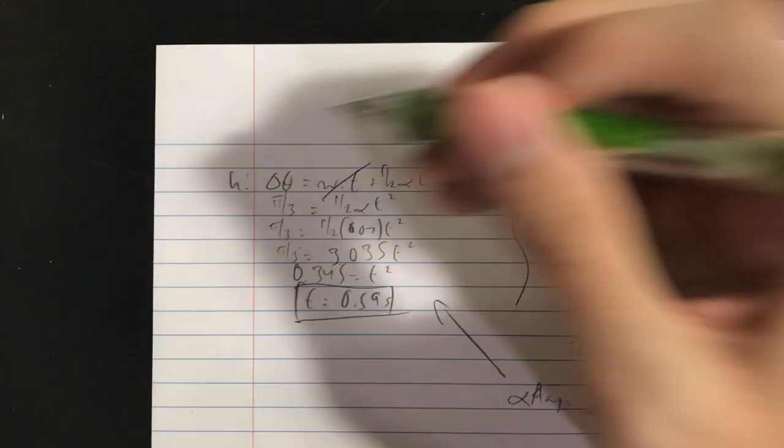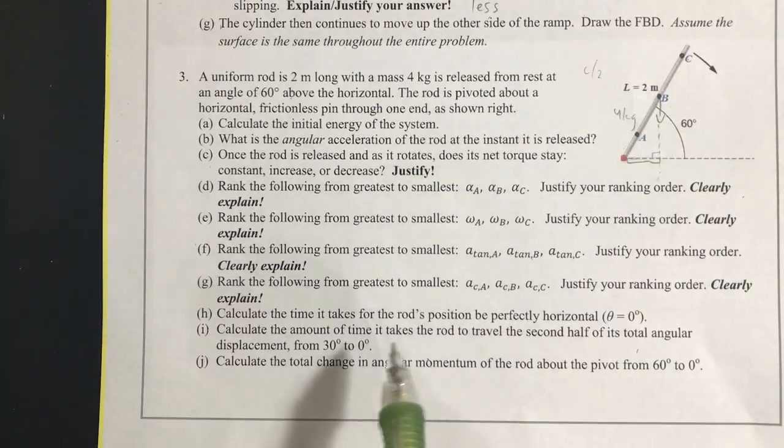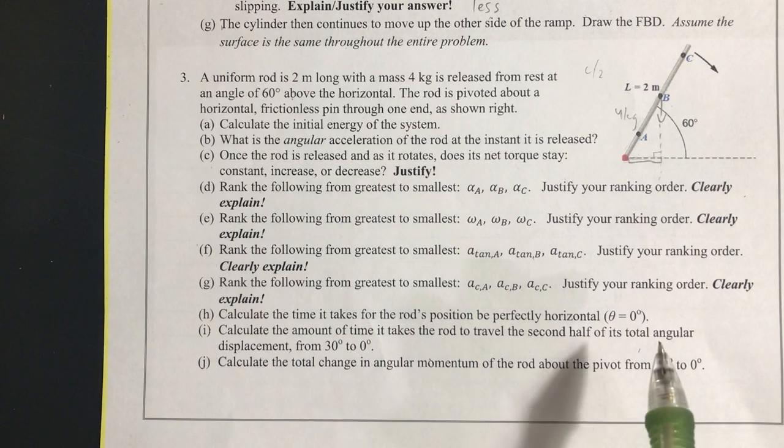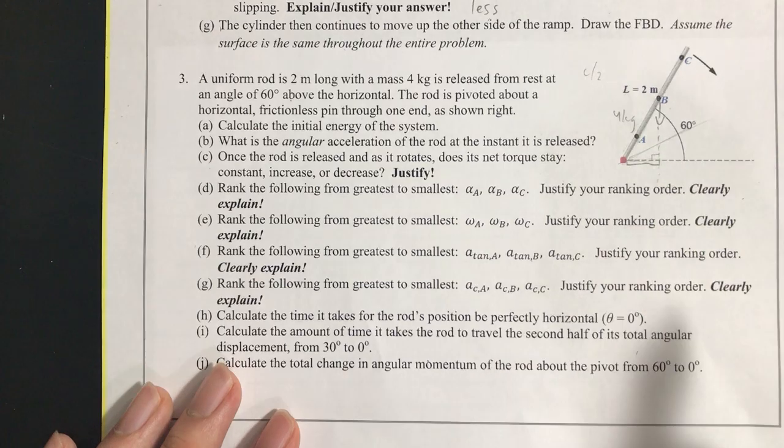Okay, part I. Part I says, calculate the amount of time it takes the rod to travel the second half of its total angular displacement, from 30 degrees right here to 0.